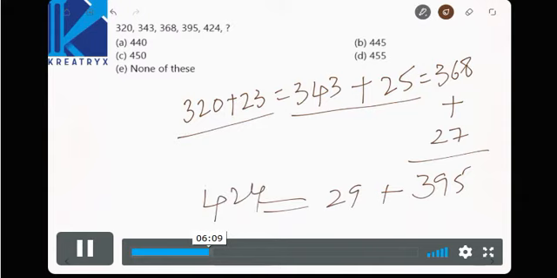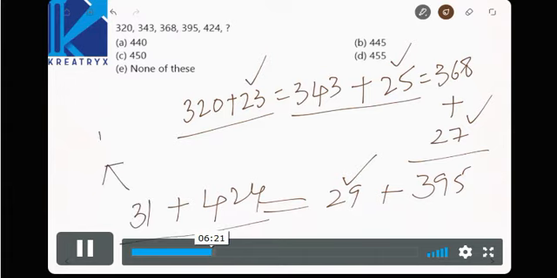So see here, what are the terms that are added? 23, 25, 27, 29. So the next number must be 31 added, that is equal to 455. That is your answer.